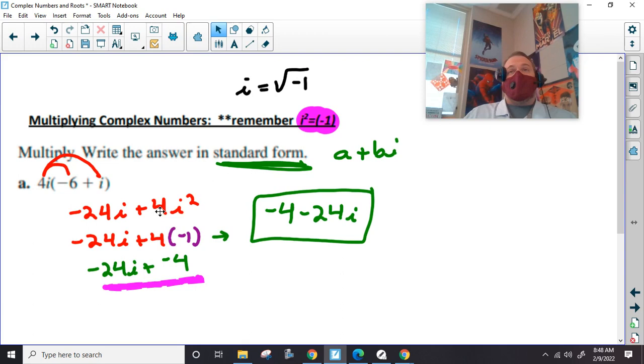Yeah. So you did this step. Just for this, i squared being negative 1 is a new concept. So that's fine. You did great. If you distributed, you got that. We just got to keep on chugging a little bit, like the little engine that could.